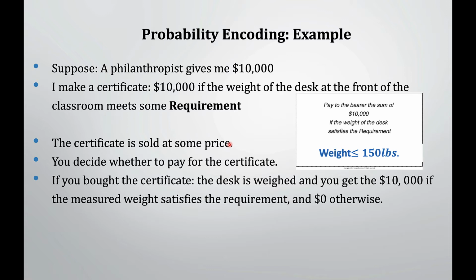And then we will weigh the desk together and you will get $10,000 if the desk measures below or equal to 150 pounds. And then you will get $0 otherwise, meaning if the weight is above 150 pounds. If you don't buy the certificate, then you don't get any payoff.